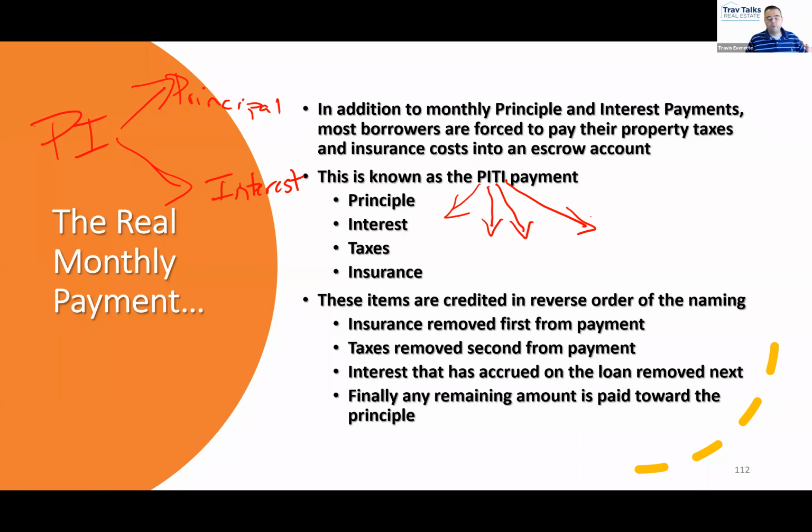We're going to have principal, interest, taxes, and insurance. The best way to handle this, in my opinion, is to do it in reverse: insurance, taxes, interest, and principal, because I know the principal is always coming out last every single time.